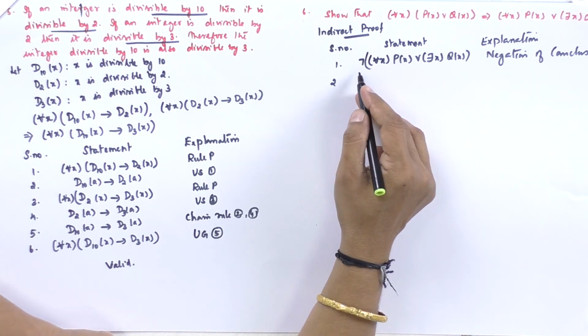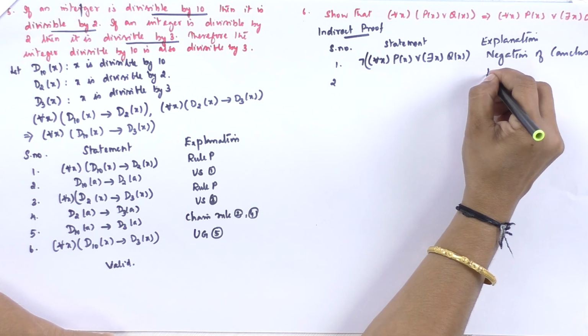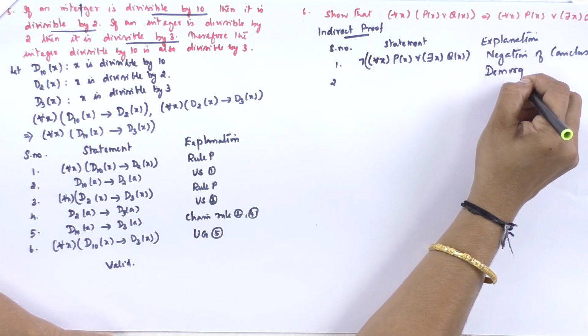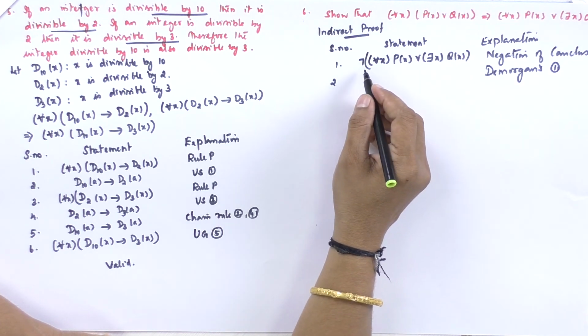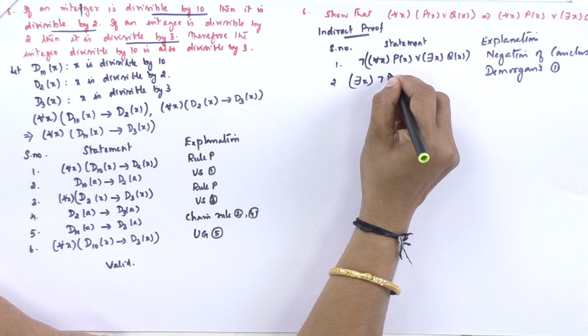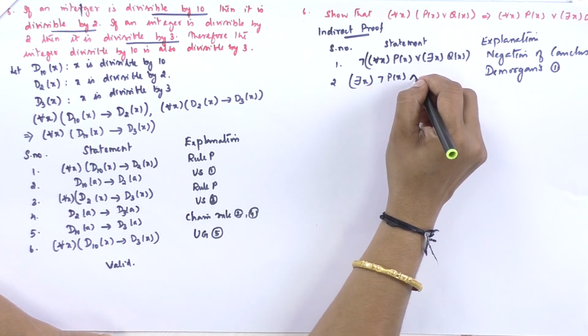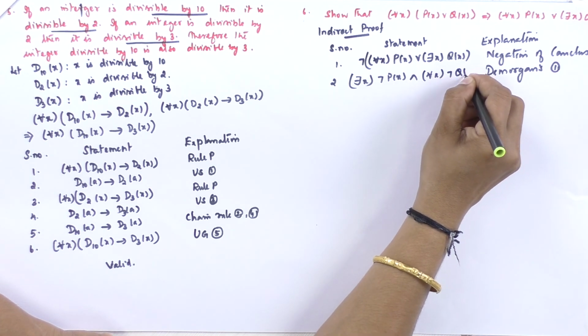For that I will apply De Morgan's law on 1. If we do that, we get there exists x not P of x, and for all x not Q of x.